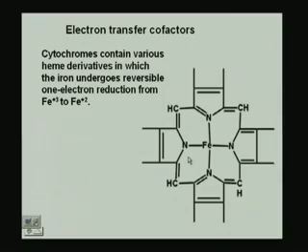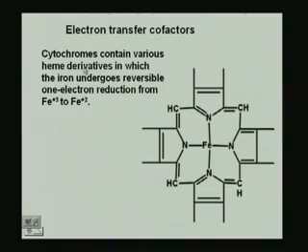So, now that we know some of the electron transfer cofactors, this protein cytochrome, the cytochromes, they contain various heme derivatives. We studied heme when we did hemoglobin and myoglobin. This heme also coordinates an iron in the protoporphyrin 9 system. Similarly, cytochromes contain various heme derivatives which actually differ in their substituents in the rings, which makes them different from the heme that is probably in hemoglobin or myoglobin.